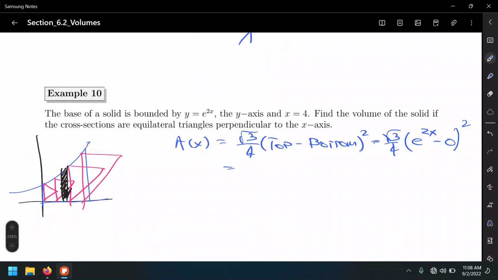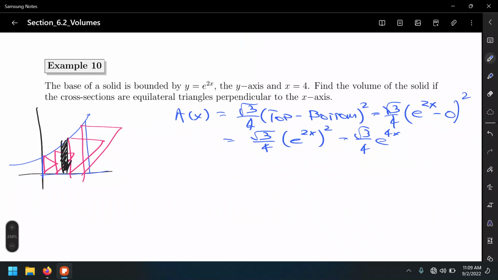So e to the 2x minus 0 is simply e to the 2x, but quantity squared, what is e to the 2x squared? So e to the 4x squared, maybe? Yeah. Power of another power, what do we do with the powers? Multiply. So what is 2x times 2? Just 4x only, right? So be careful with the loss of exponents here.